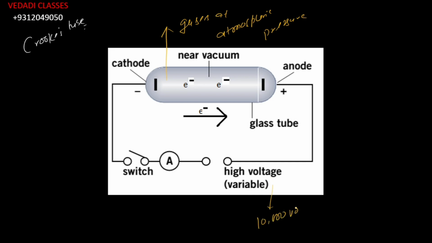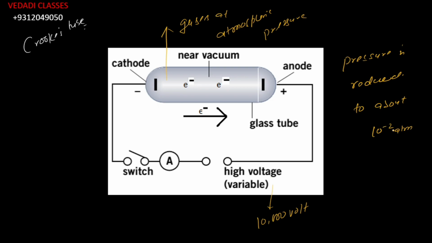So 10,000 volt is over here. So what do you observe? Then nothing happens. So what do you do? We just reduce the pressure. So pressure is reduced to about 10 power minus 2 atm.